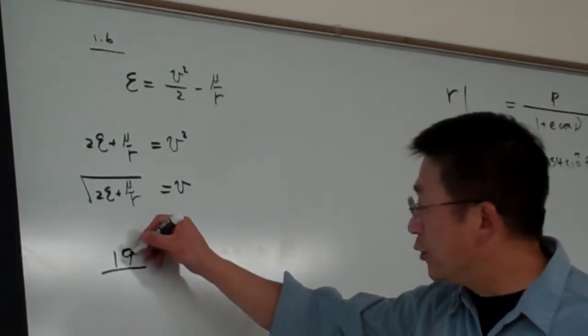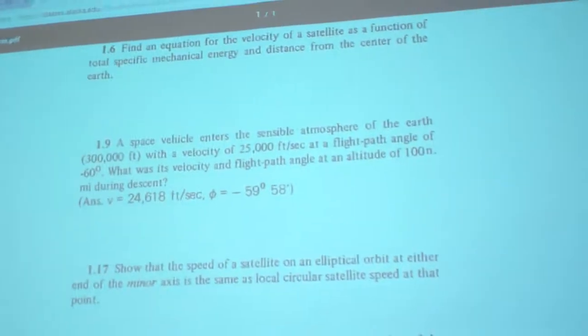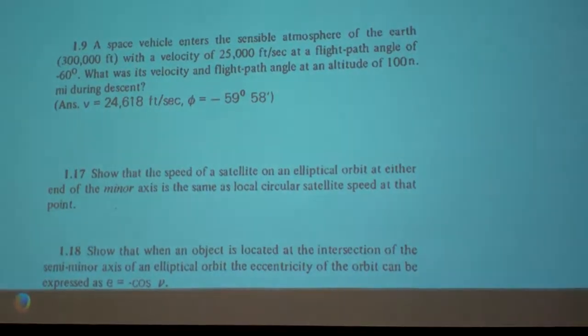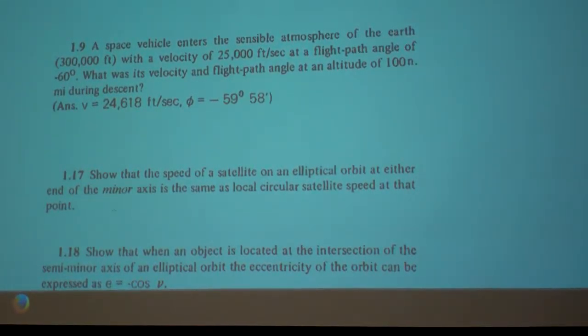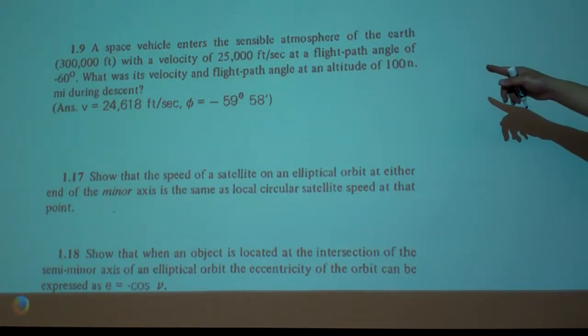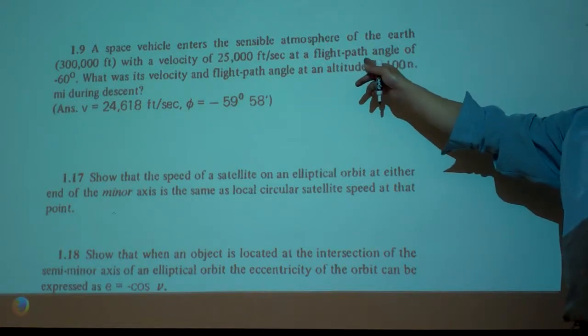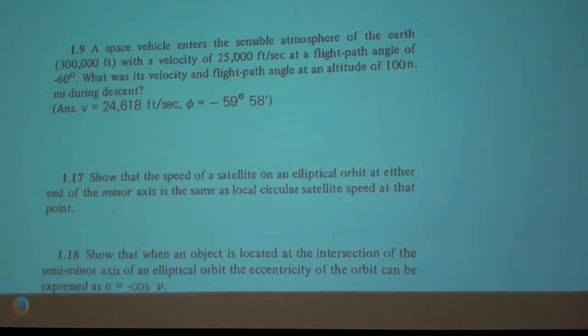The next one, 1.9. So for 1.9, again, this implies an elliptic orbit. Before we decipher the statement, let me draw this one here.